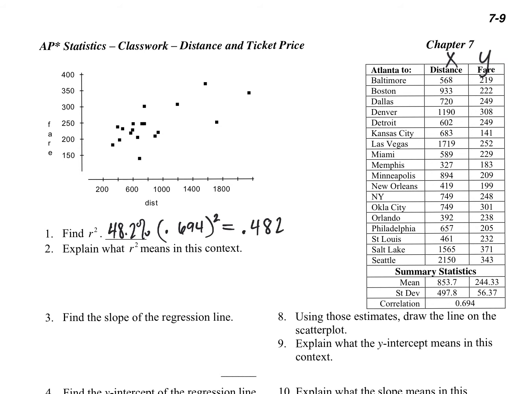Now here's where our cookie cutter statements come in. Explain what r squared means in this context. It means the variation in my x variable, and that's distance from Atlanta.